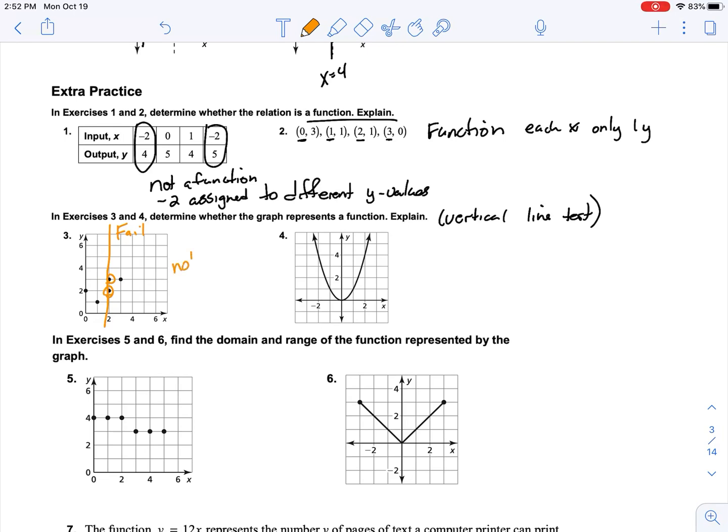So not a function. Over here, no matter where I draw a vertical line, it's only ever going to go through one point, so this is a function. It doesn't go through multiple points.